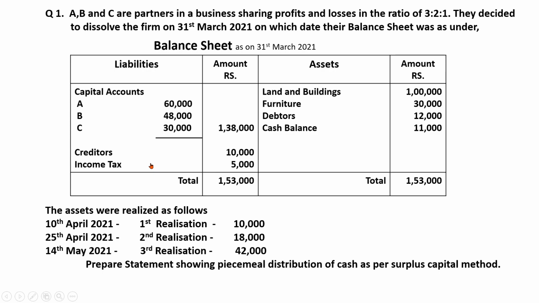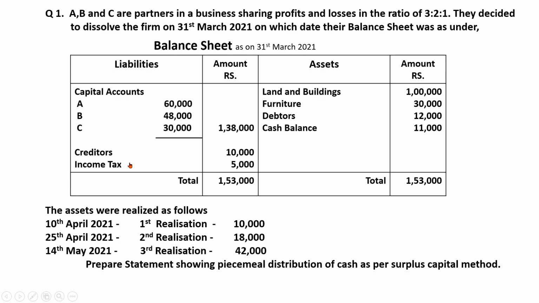Creditors and income tax are the two outside liabilities, or third party liabilities. As per the order of payment, we have to pay third party liabilities first, and after that partners' capital is paid.